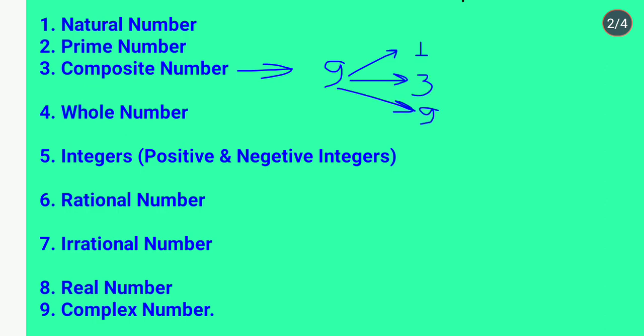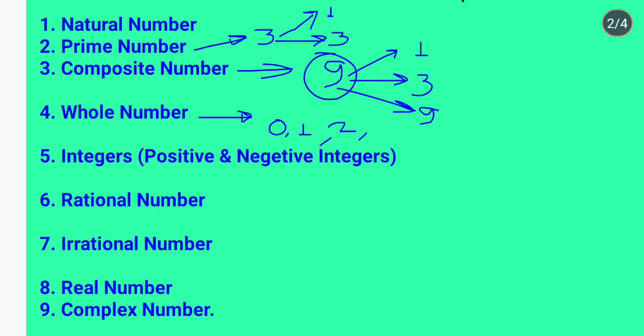So 9 is a composite number, whereas 3 is a prime number because 3 has only two factors, 1 and itself, that is 3. Whole numbers are those numbers in which we include 0 and the natural numbers. So whole numbers start from 0, 1, 2, 3, 4 and so on.